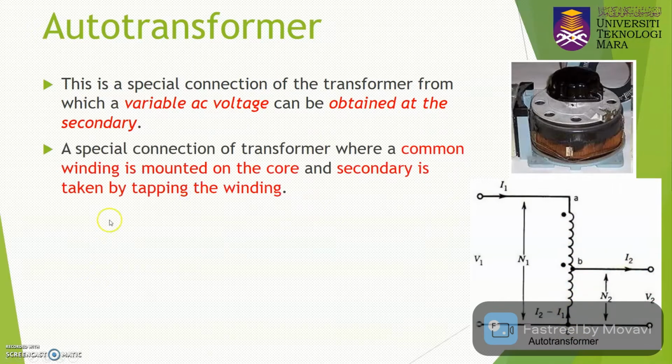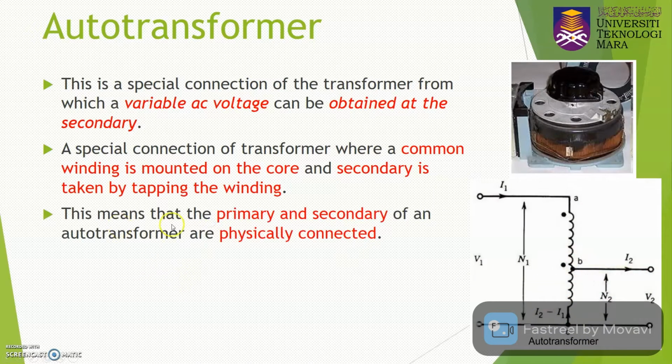It is a special connection where a common winding is mounted on the core and the secondary winding is taken by tapping the winding. Here is the common winding mounted on the core, and the secondary winding will be tapped from the existing winding here. This means that the primary and secondary of an autotransformer are physically connected.